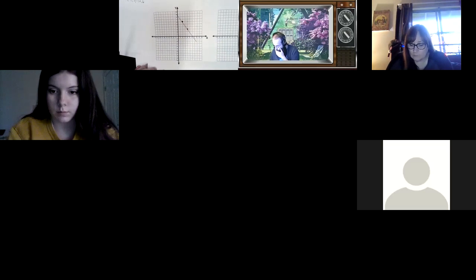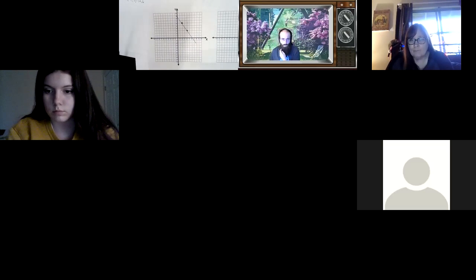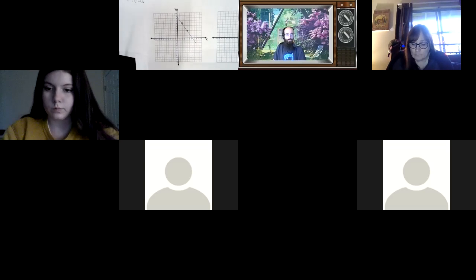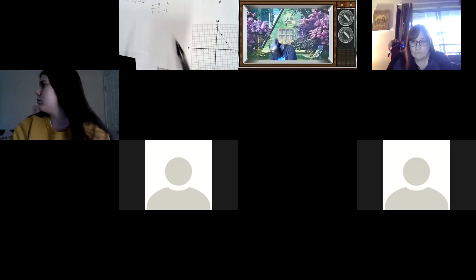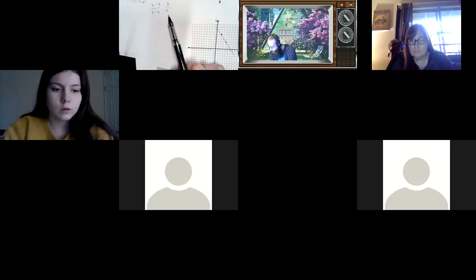This line is negative because it points left. Perfect. It is a negative line, which makes sense because we had a negative in the slope.